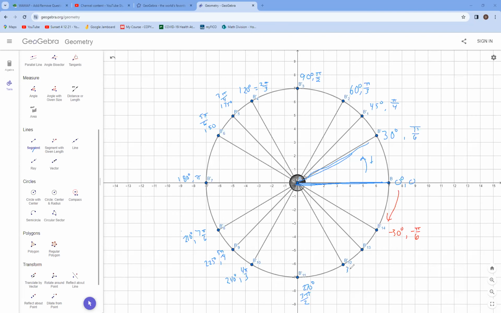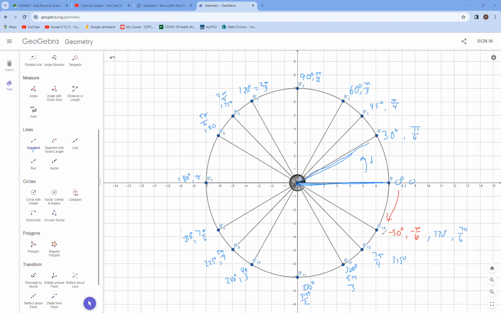Down here, 300 degrees, or 5 pi over 3. This is 7 pi over 4, or 315 degrees. This negative 30 degrees is also 330 degrees, and a positive 11 pi over 6.